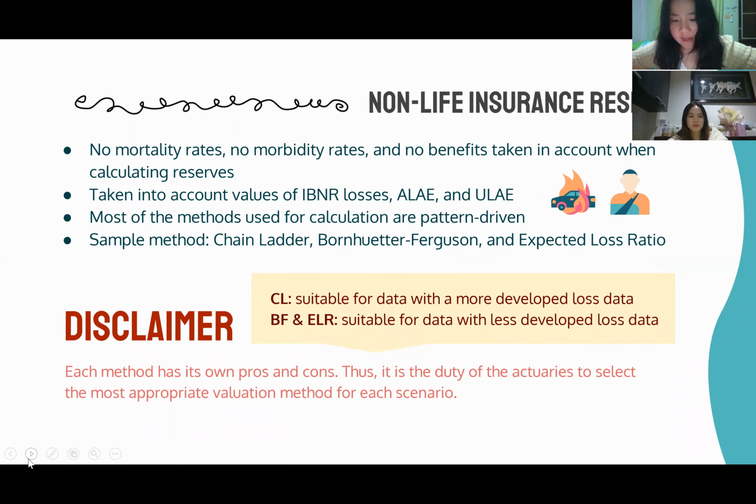And in contrast, the things we just mentioned, like mortality rates, survival and maturity benefits or dividends, do not exist in non-life insurance, as it is not involved with the life of a person. For non-life insurance, they also do not have tables like mortality tables that would have information regarding the probability of the incident occurring for each person.